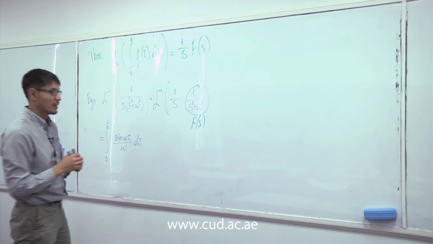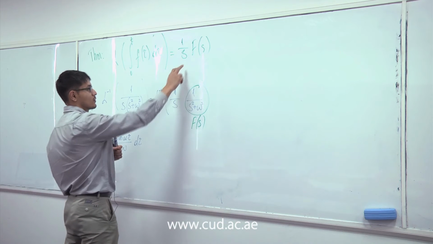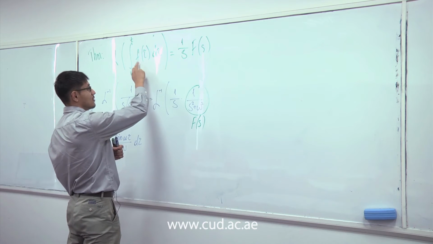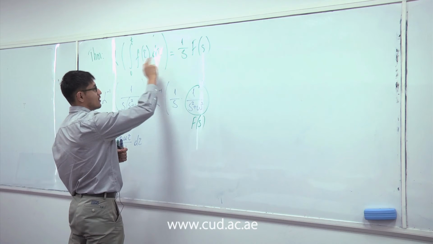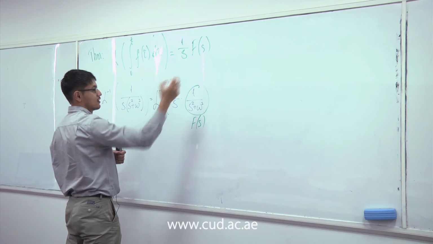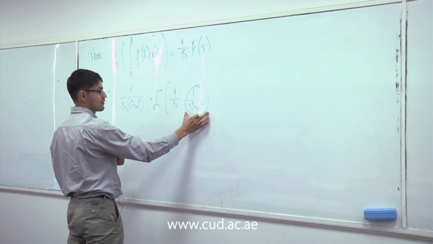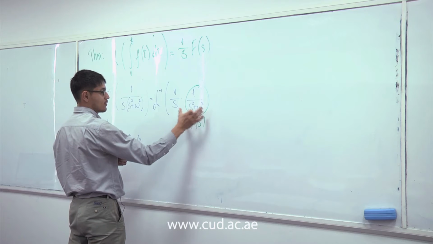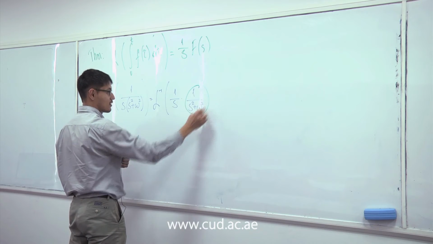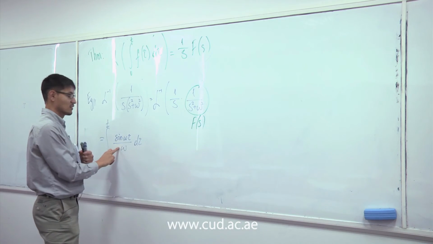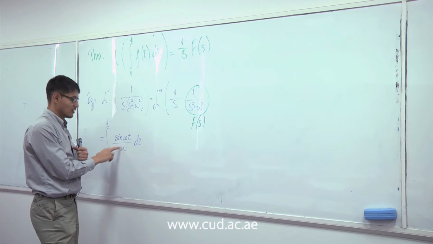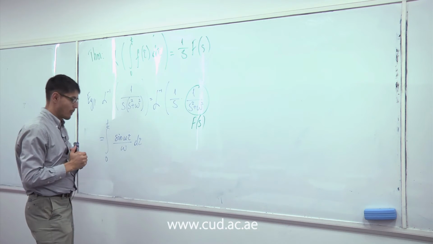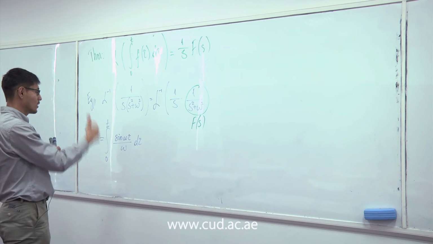Okay, so one more time, how do I get this? Well, in the formula it says little f is supposed to be the inverse of big F. In our example, this is our big F. So the inverse of this expression is sine omega tau divided by omega. Okay? And now we have to integrate.